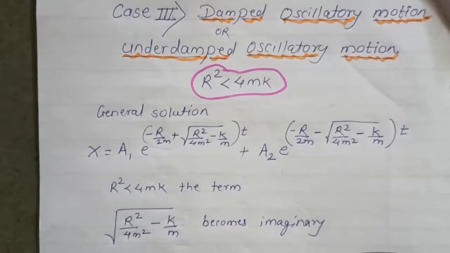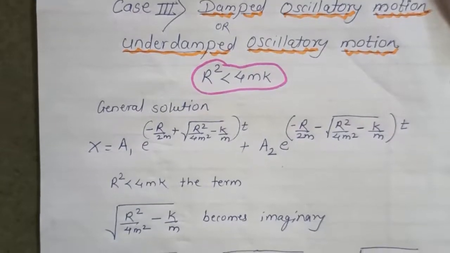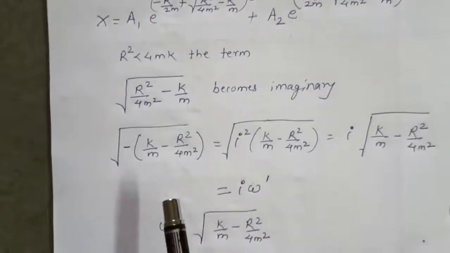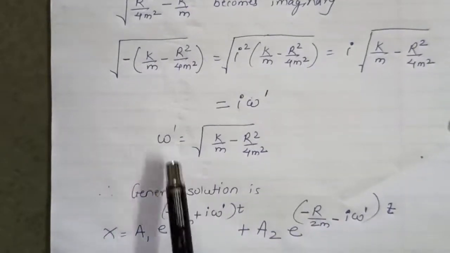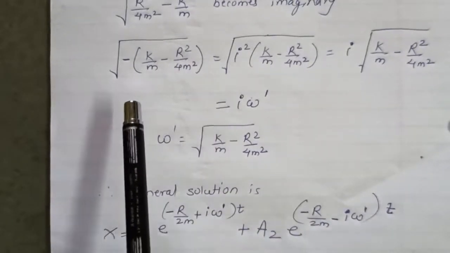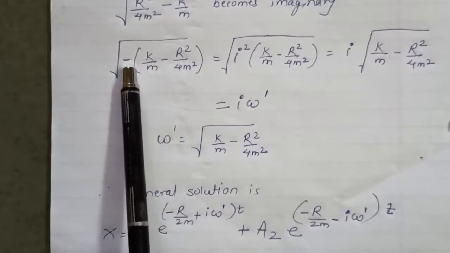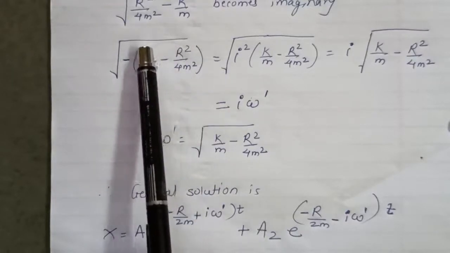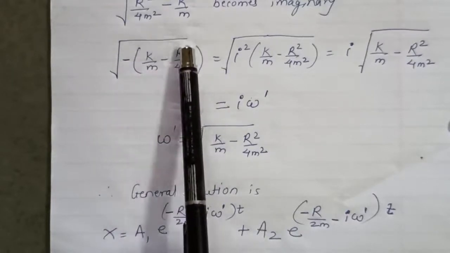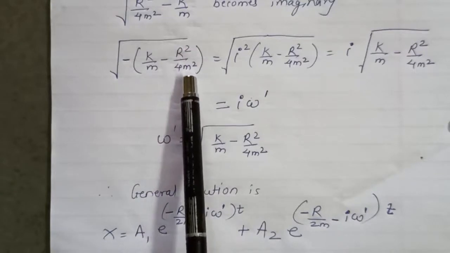Take the negative sign common inside the square root: square root of minus, inside the bracket, k by m minus r square upon 4m square.